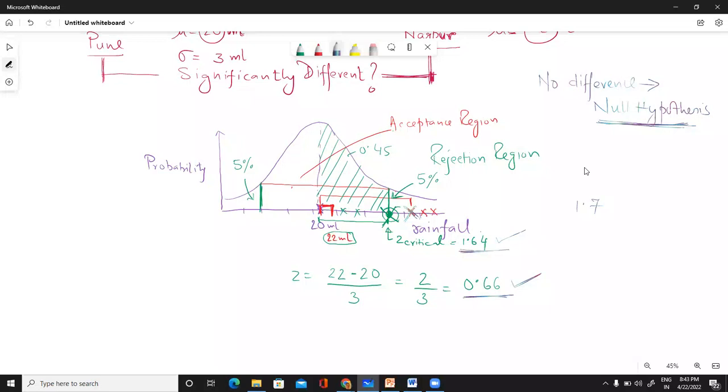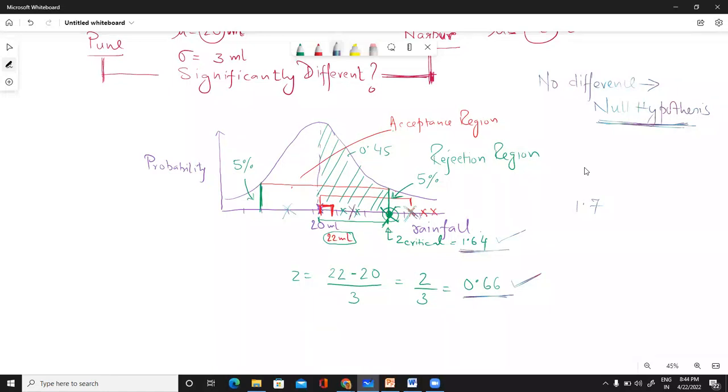So what we are accepting and rejecting is basically this null hypothesis. If our value is in the acceptance region, somewhere here or a little bit far somewhere here, we accept the null hypothesis that there is no significant difference.